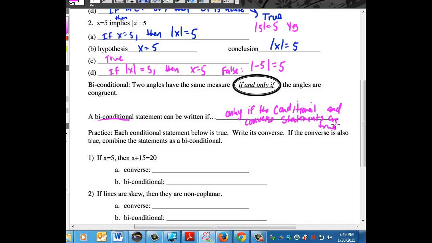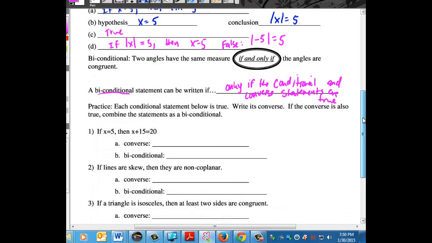So let's take a look. Down below, we're told that each conditional statement is true. So they're already telling us that this part is true. They want us to write the converse next. If this converse is also true, then we have to write what's called a biconditional statement, since both are true.